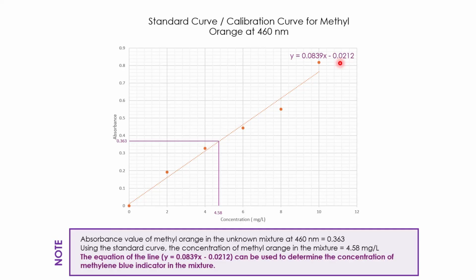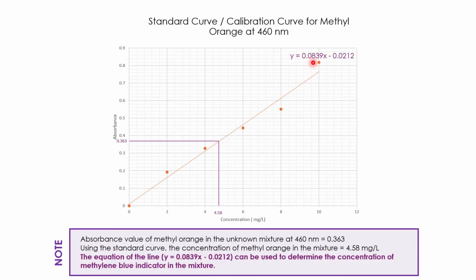So to determine or to calculate the methyl orange concentration in the unknown mixture, we will make x the subject in this equation and put the value 0.363 in place of the y, because this is the absorbance value of the methyl orange in the unknown mixture at 460 nanometers.